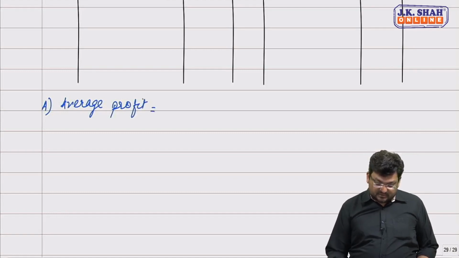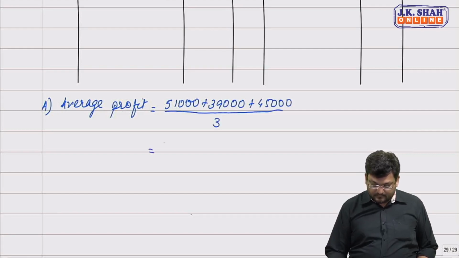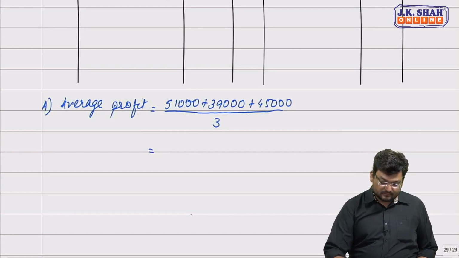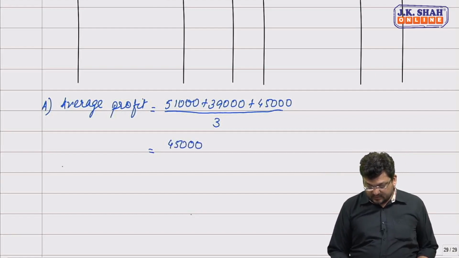Average profit of 3 years, that is 51,000 plus 39,000 plus 45,000. Average profit comes to 45,000. So what will be Swaroop's share in profit?